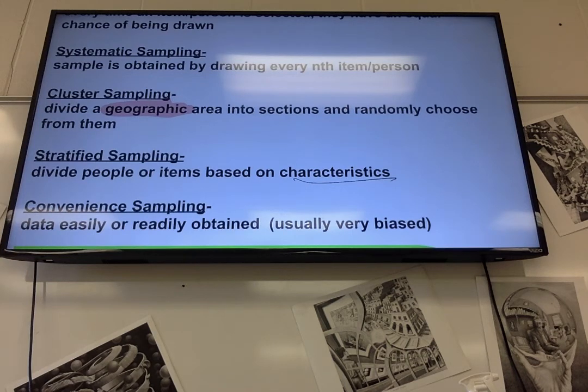Convenience sampling is like the one you see on TV the most, like on E-News or something, where they are asking people as they come out of a movie theater if they liked a certain movie. Maybe they'll ask the first 10 people they see.